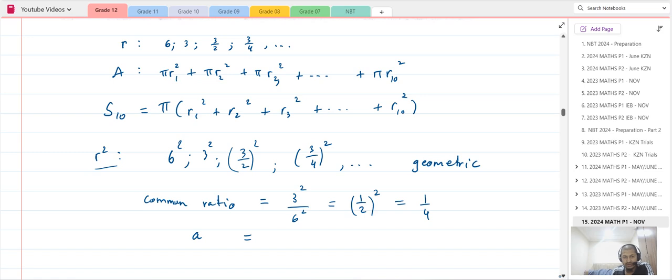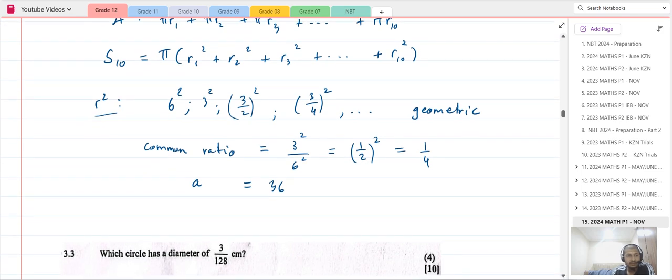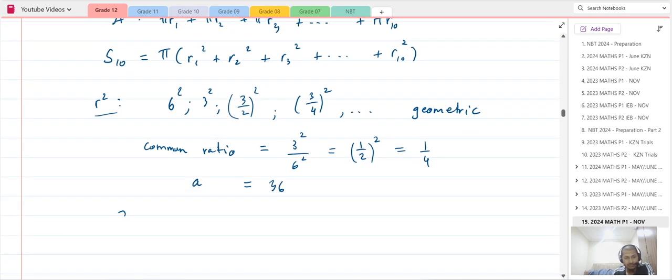Common ratio is a quarter. A is the first term, which is 36, so we can just calculate S10. The Sn formula is A times 1 minus R to the power n, divided by 1 minus R, because the series converges.